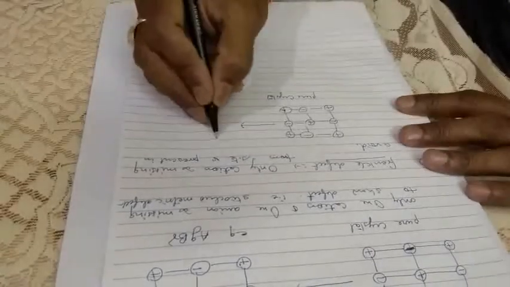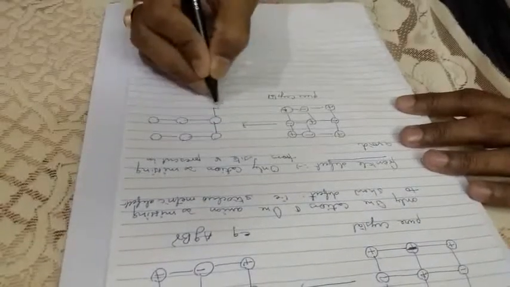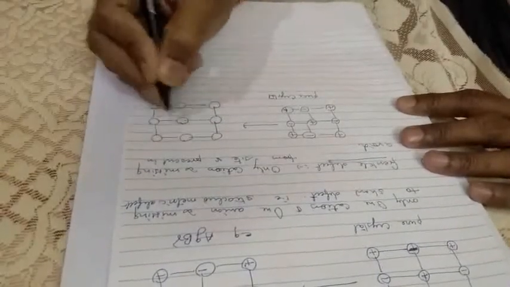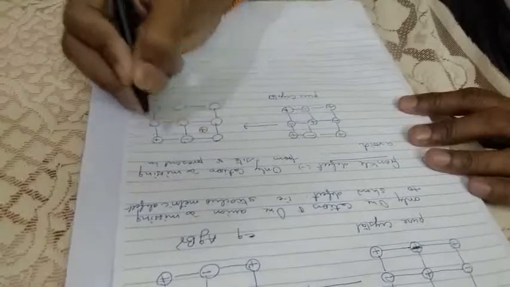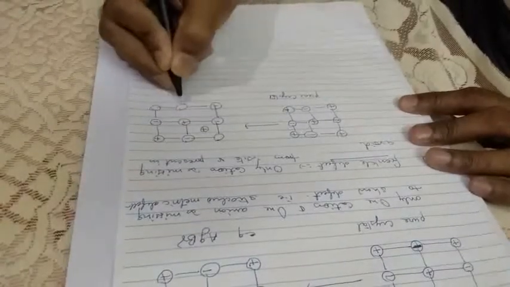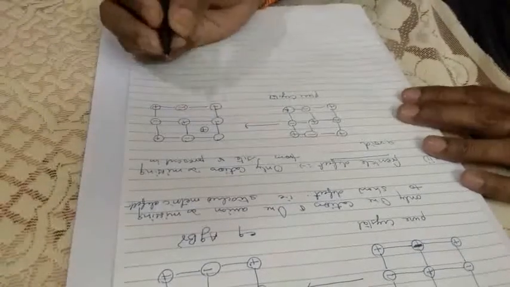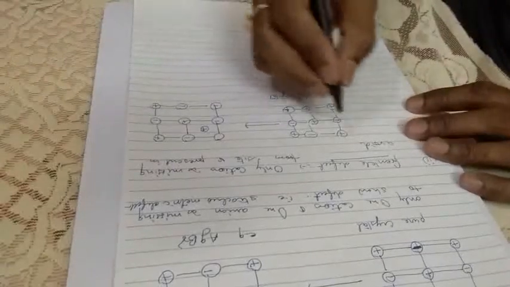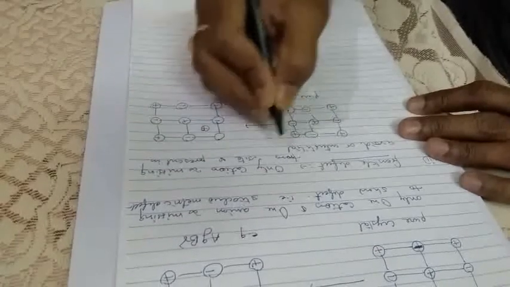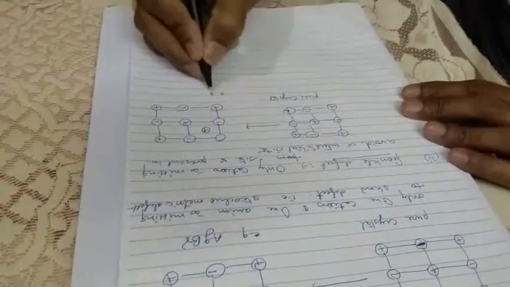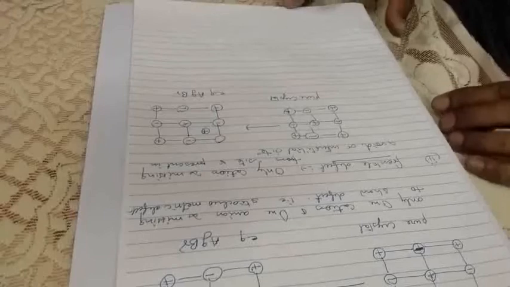From this pure crystal one cation is missing from here and present in a void, and everything else stays in place. That is said to be Frankel defect. The cation is missing and present in a void or interstitial site. Here also the example is AgBr.